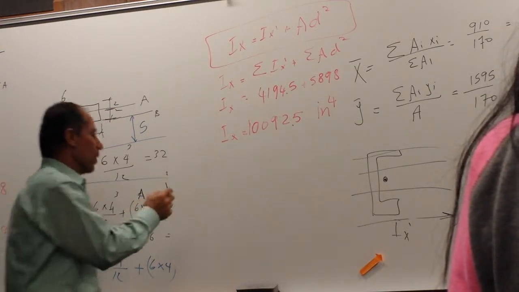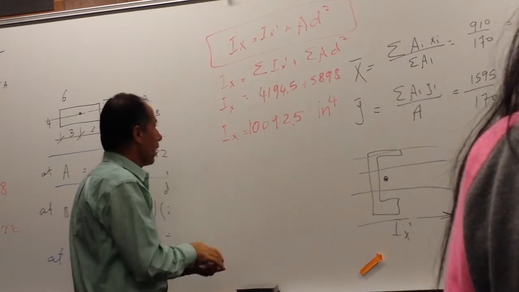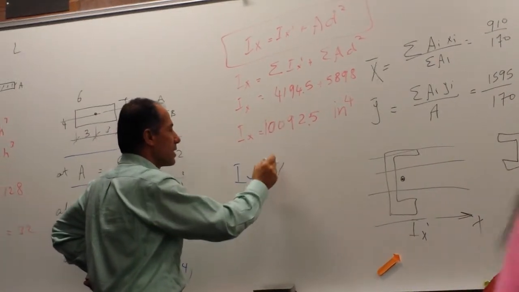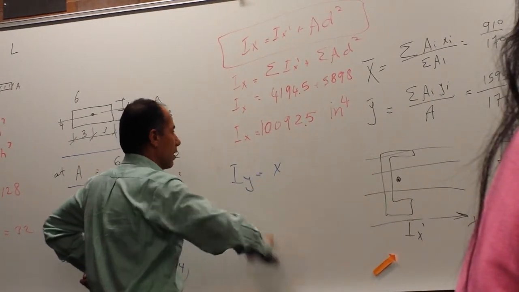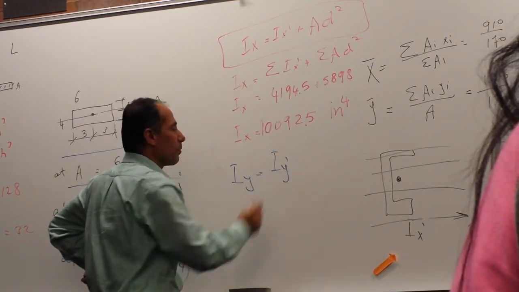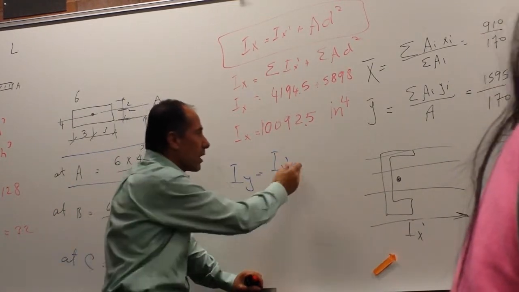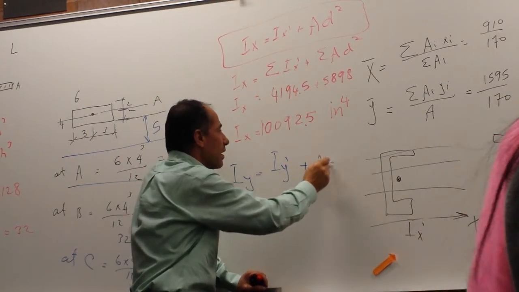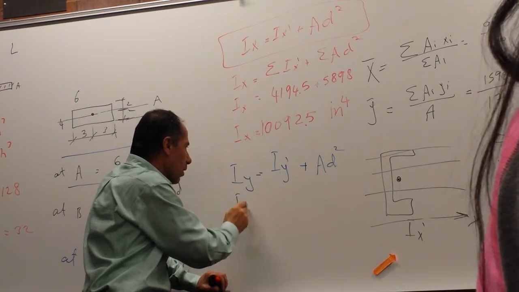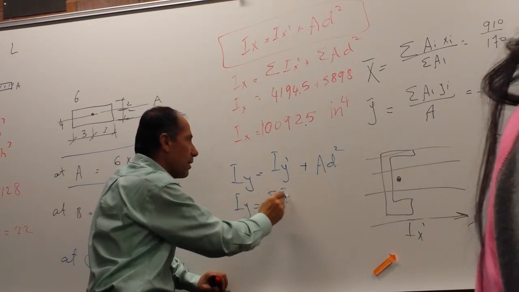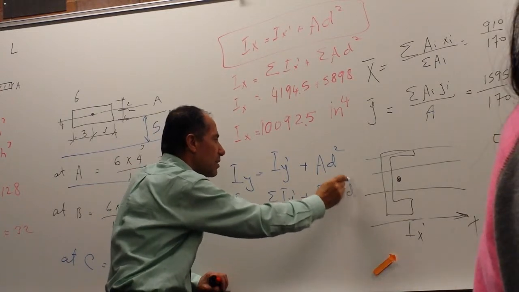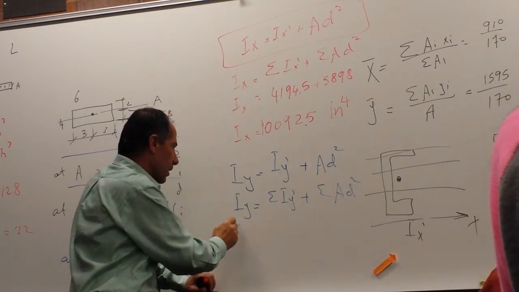Let's look at Iy. The moment of inertia on Y direction, we said it's going to be Iy prime, which is at its own center of gravity, plus A d squared, which means sum of Iy primes and sum of A d squares.